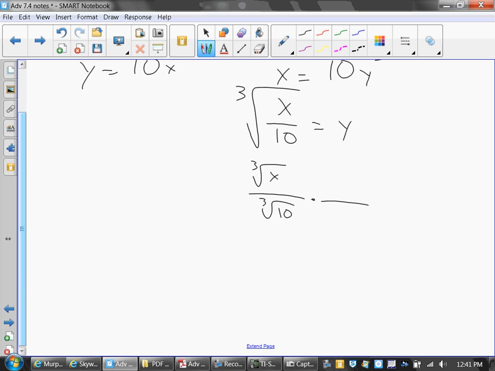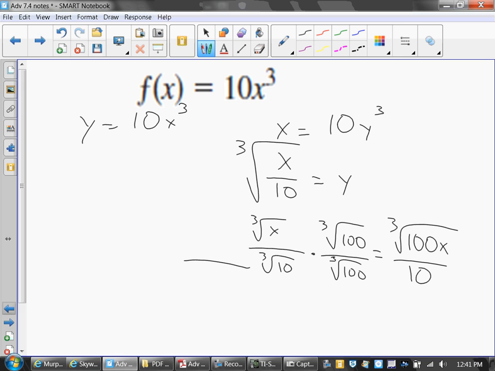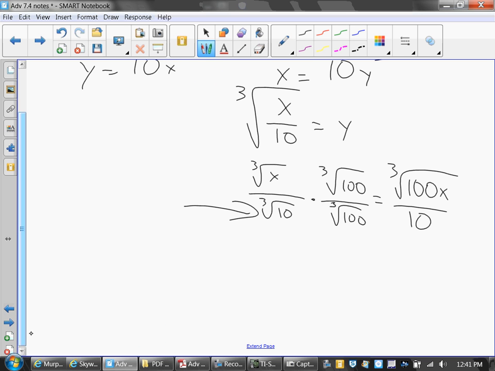So you multiply the top and the bottom by the cube root of 100. So now you have the cube root of 1,000, which is 10, and then the numerator is that. Once again, you have to worry about the rules with radicals in the denominator. Create that perfect cube root in the denominator. That will be the kicker on these things. You guys will do the work just fine, but you'll forget something like that.